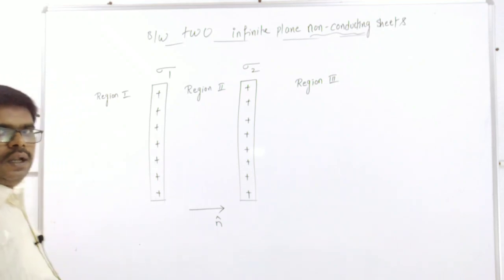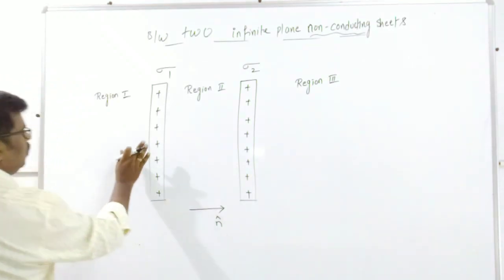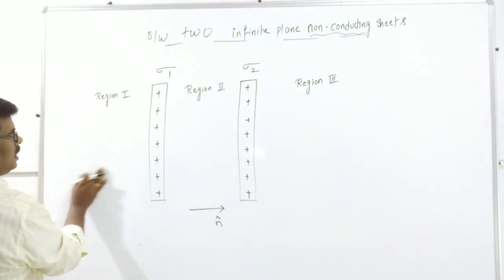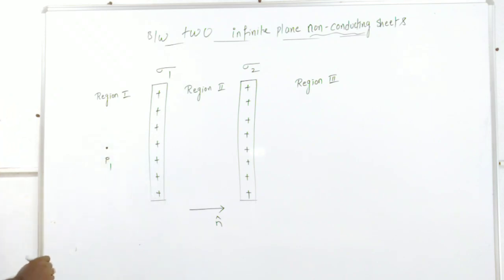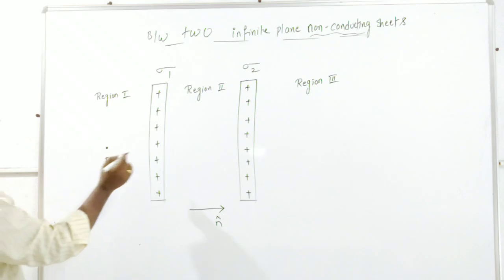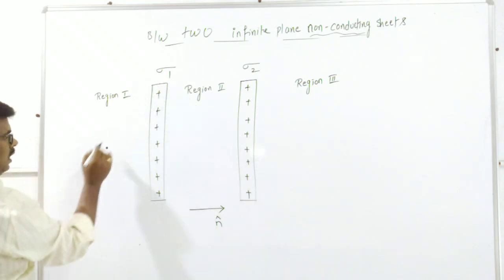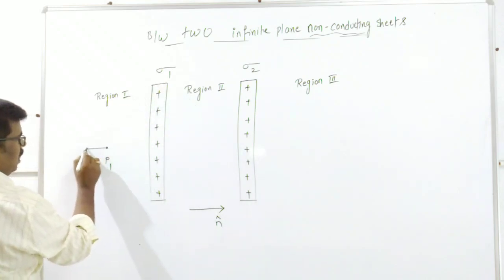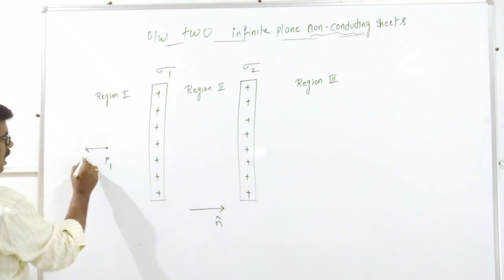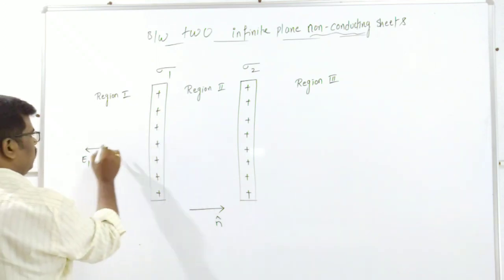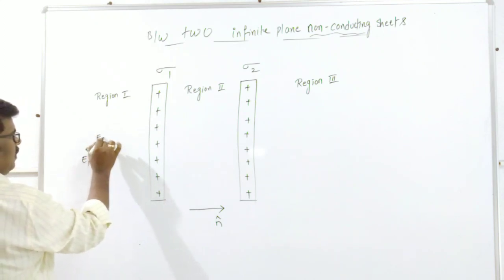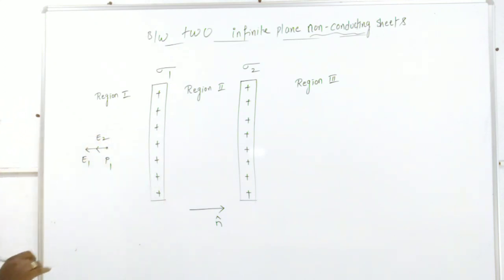At these three regions, what is the electric field intensity due to these plates we are going to discuss. Now, at point P1, the electric field due to the first sheet, which has positive charge, is away from it. And due to the second sheet also, the electric field intensity is away from it at point P1.